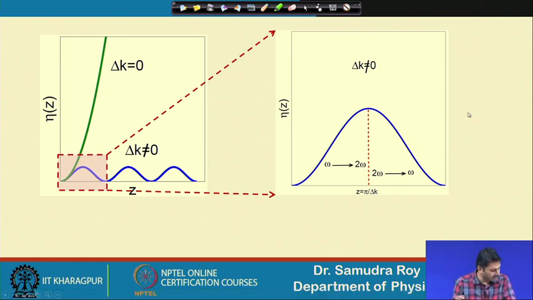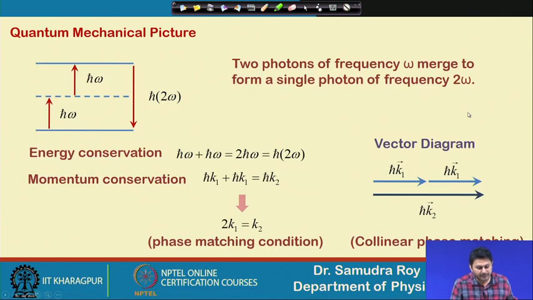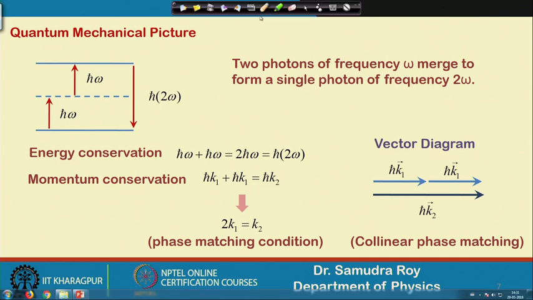Okay. After that, we have the quantum mechanical picture of the entire system, which is important. So, we know that in second harmonic generation, from omega frequency we are getting 2 omega frequency. So, from energy conservation, this is the photon picture, 2 photons can merge to generate 1 photon of frequency 2 omega.